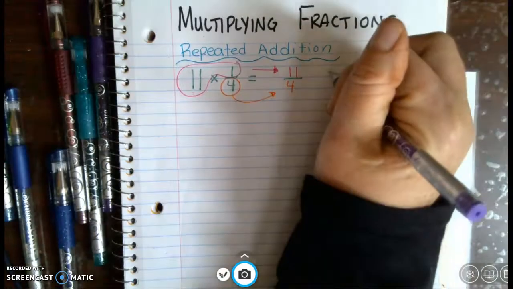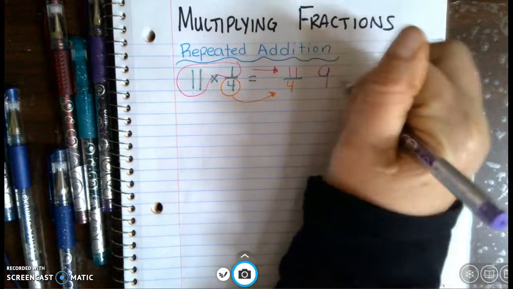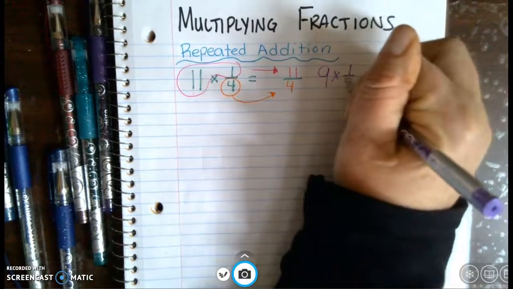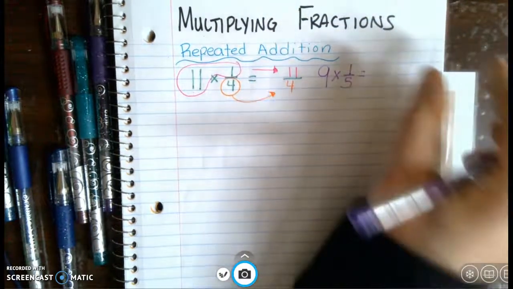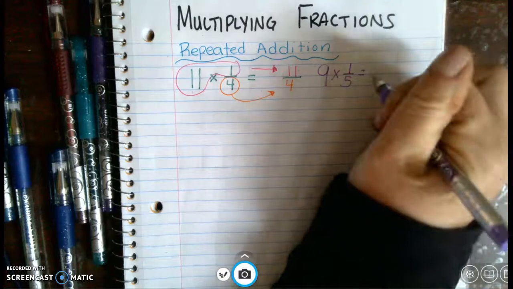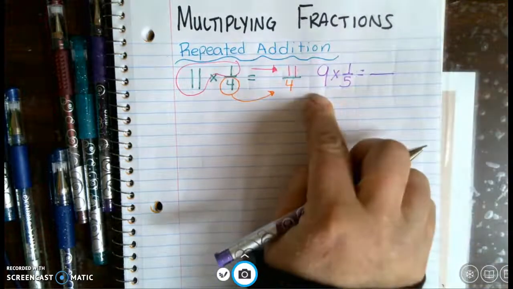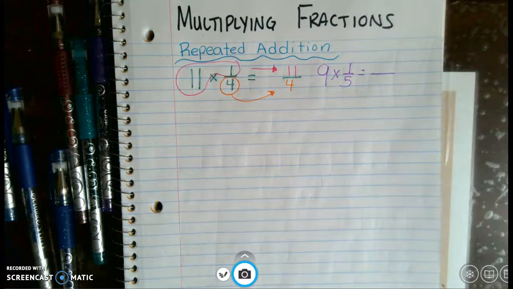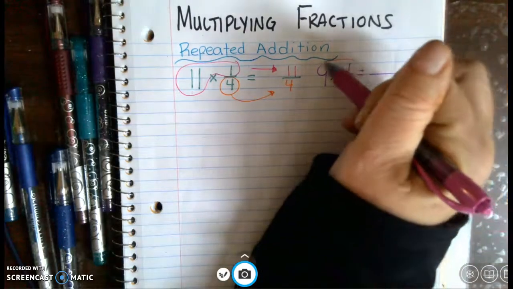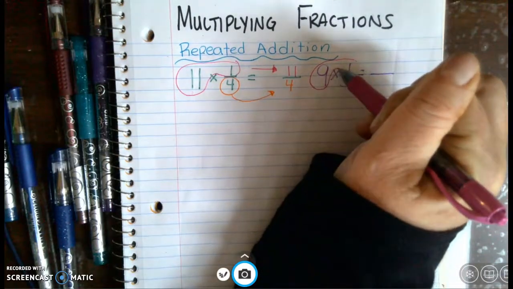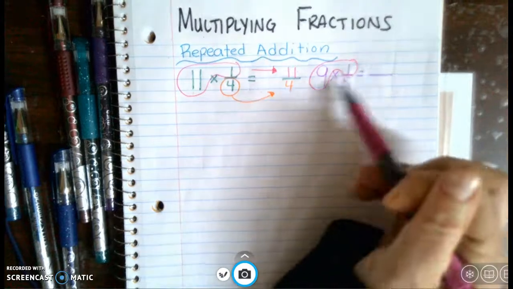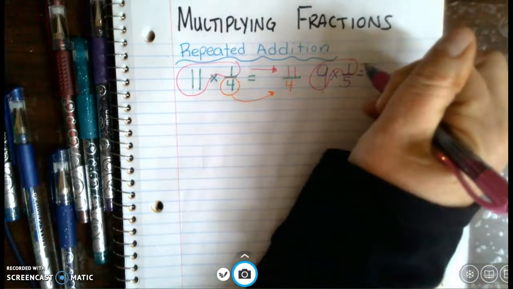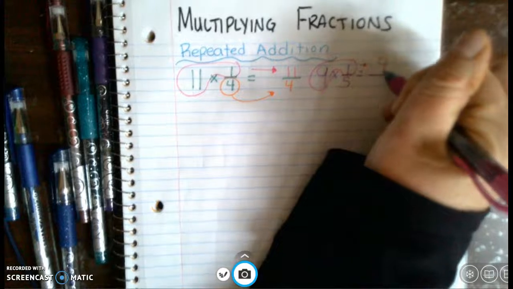Okay, let's try another example. I'll do 9 times 1/5. So I could draw out my models. I could draw 9 models of 1/5, or I can multiply my numerator times my whole number. 1 times 9 is 9.